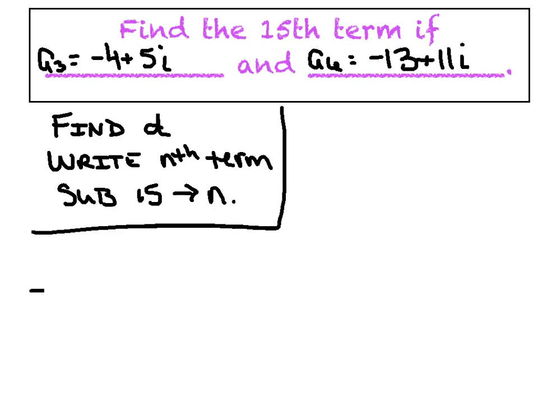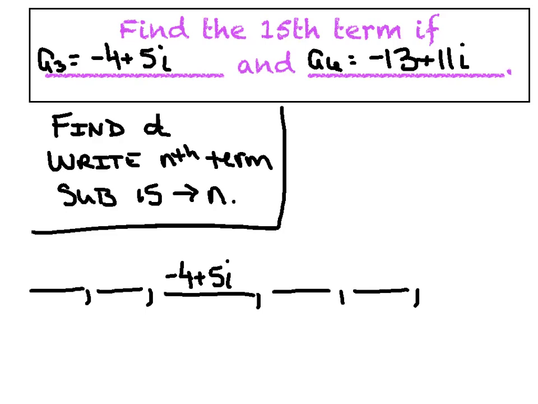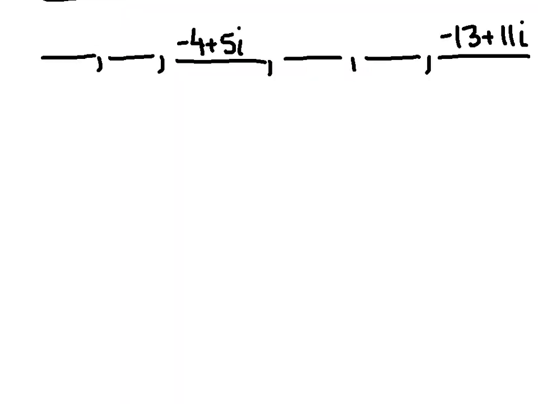I'm going to try to give you a visual image. Here's our first term, our second term. We know our third term is negative 4 plus 5i. Our fourth term is unknown right now. Our fifth term is unknown, but we do know that our sixth term is negative 13 plus 11i. Now here's where it gets tricky.